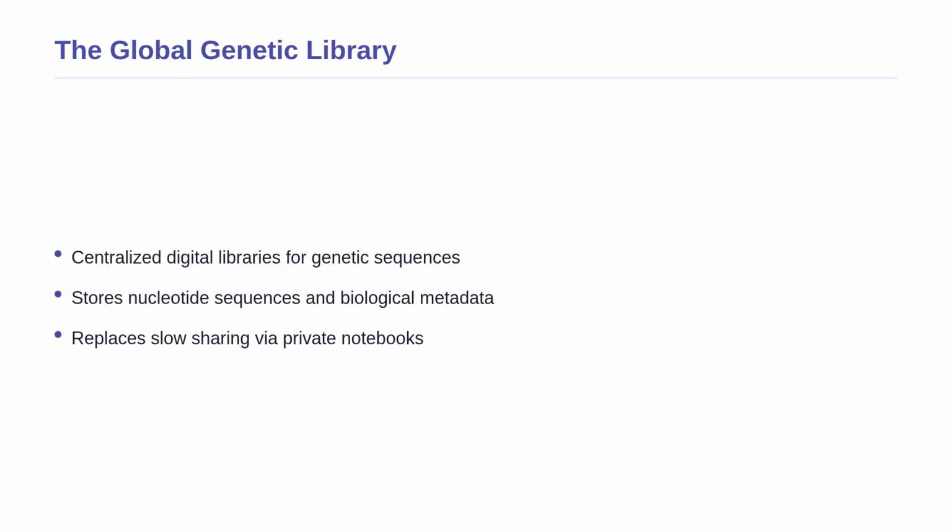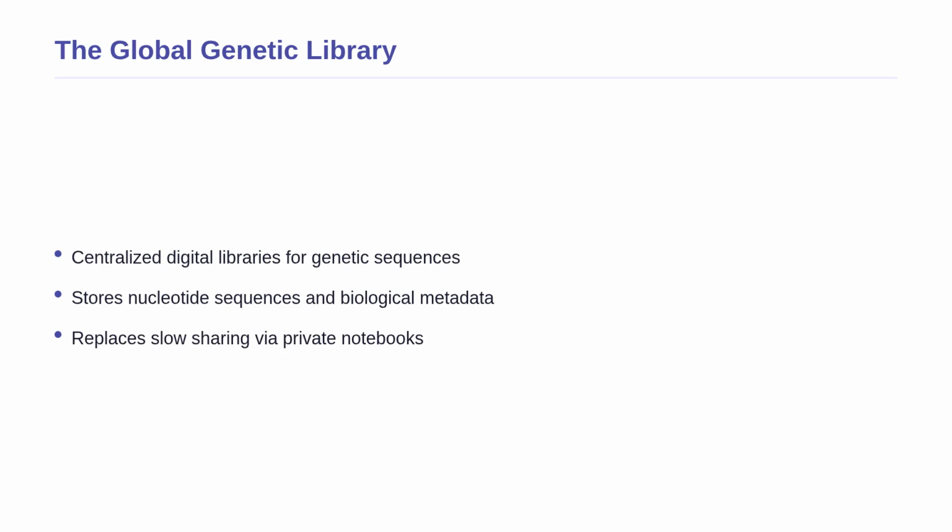To begin our journey, let us understand why these databases were created. In the early days of biology, scientists kept genetic sequences in their own private notebooks. This made sharing discoveries incredibly slow and frustrating. To solve this problem, scientists created nucleic acid databases.